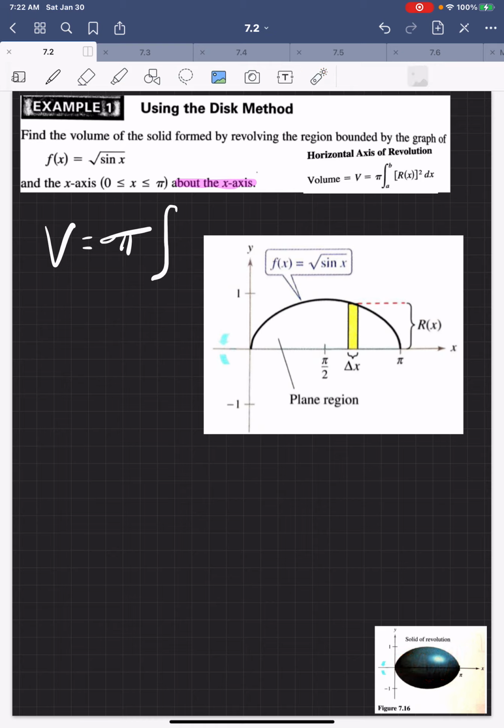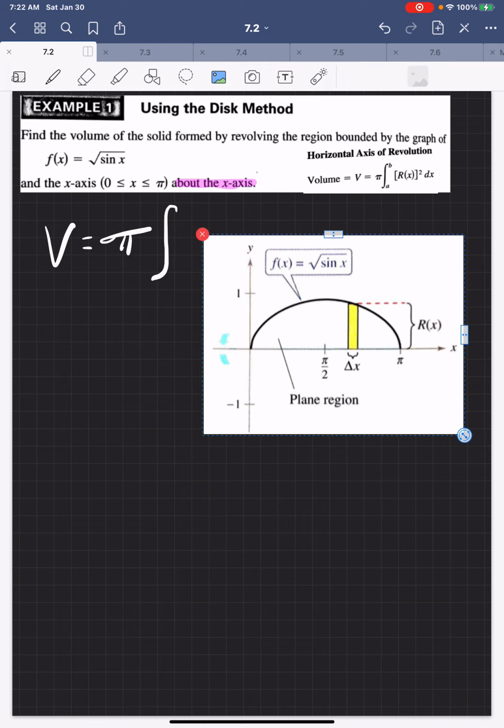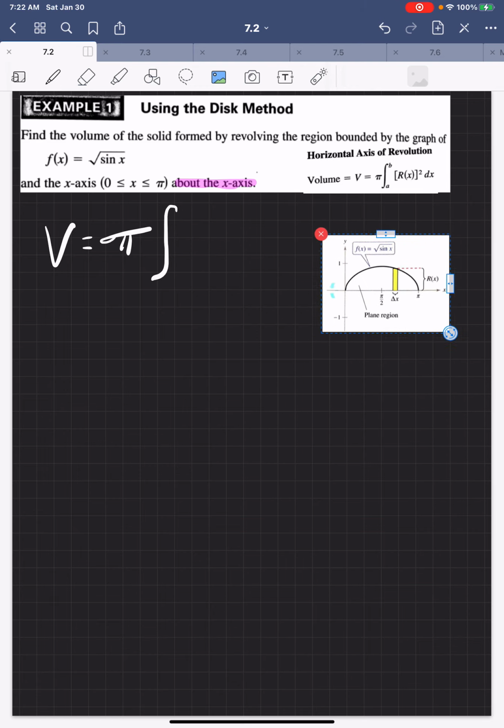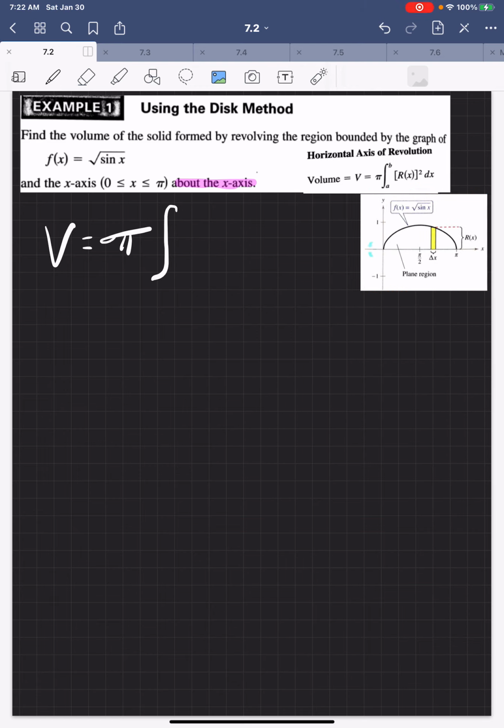Okay. So let me give myself some space here. So in this case, r of x, that's the radius function.